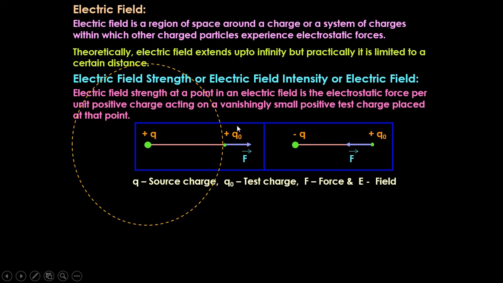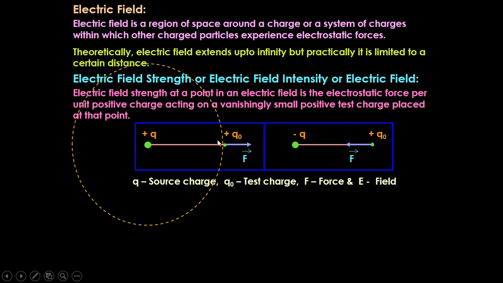The charge is repelled only when you take the charge inside this space. When you are outside this space, then there is no repulsion. And this charge is not going to experience any kind of force. This way we can define electric field as space around the charge in which this charge is going to experience electrostatic force. If you are taking a test charge as positive, then this charge will get repelled by this source charge.